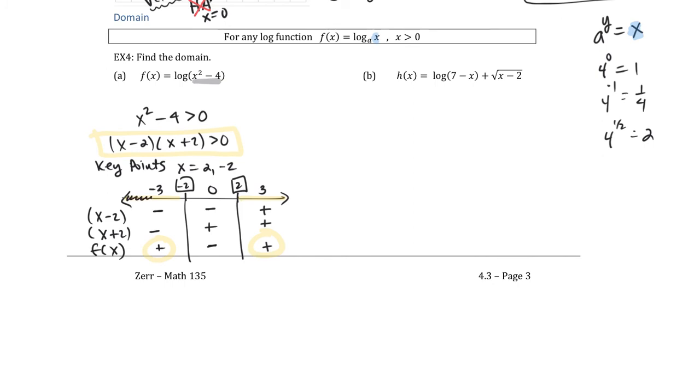We don't want it to be equal, so we're going to use parentheses there. So the domain of f would be from negative infinity up until that key point of -2, and then we jump over to 2 and head off towards infinity.